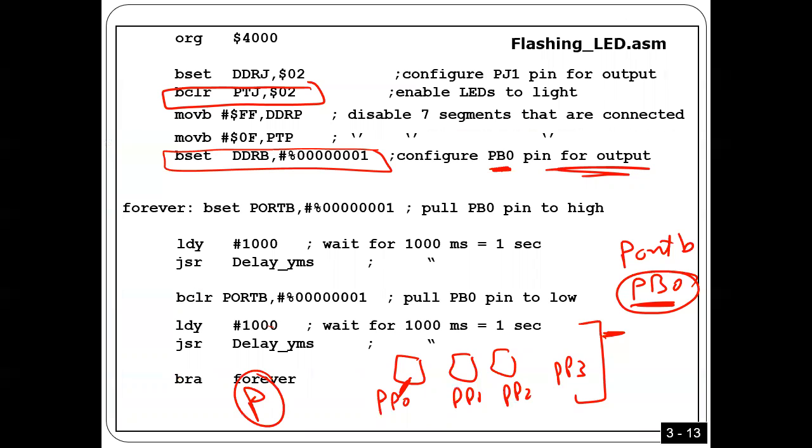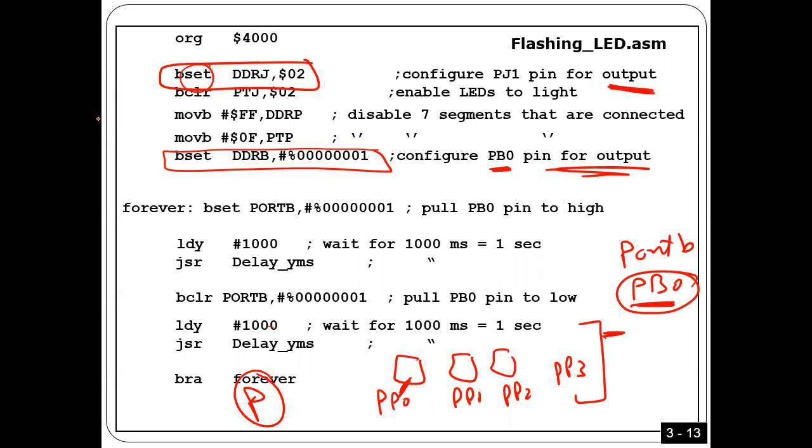And that's exactly what I did here in this configuration. Sorry, I think I made a mistake. Yeah, this is for the direction. I made a mistake, okay? So this is for configuring port J as output. I'm gonna configure it as output by writing 1. That's what I told you last time. When you write 1, you configure it as output, okay?